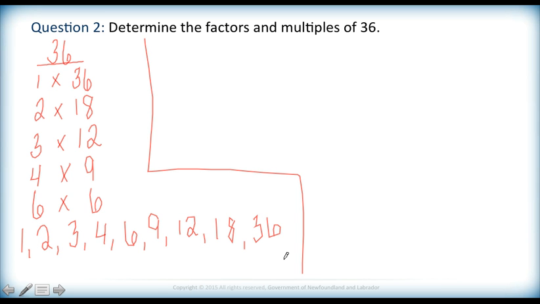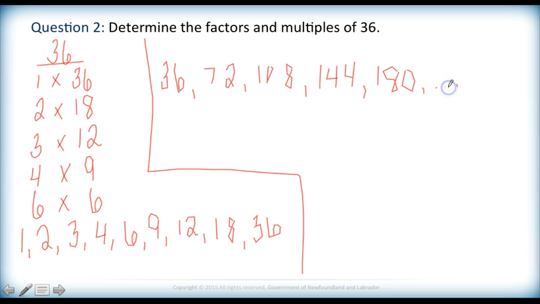So we can start off with 1 times 36, which will give us 36. 36 times 2, 72. 36 times 3, 108. 36 times 4 is 144. And 36 times 5 is 180. This process can continue.